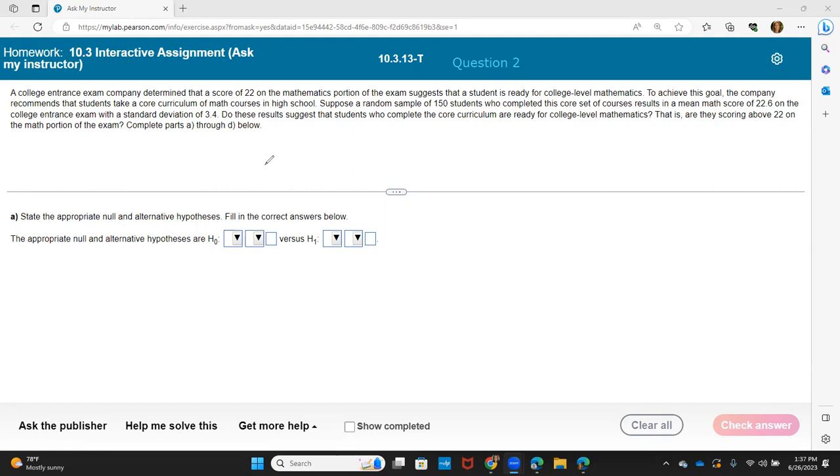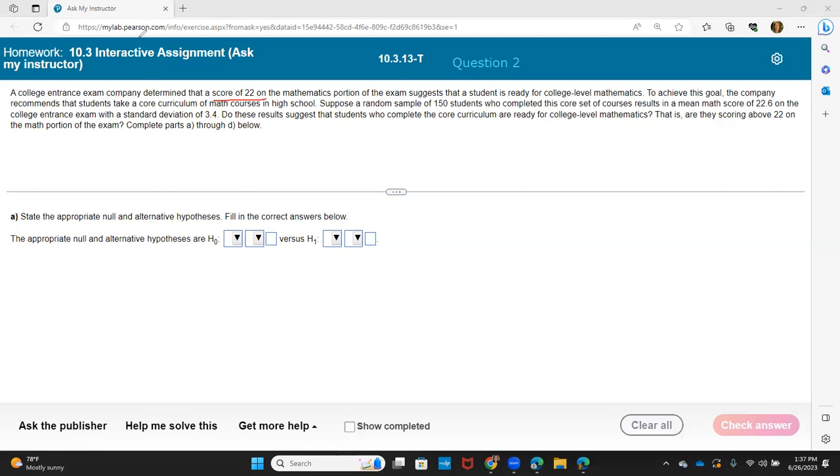It says a college entrance exam company determined that a score of 22 on the mathematics portion of the exam suggests that a student is ready for college level mathematics. To achieve this goal, the company recommends the students take a core curriculum of math courses in high school. Okay, so that's all fine and well.